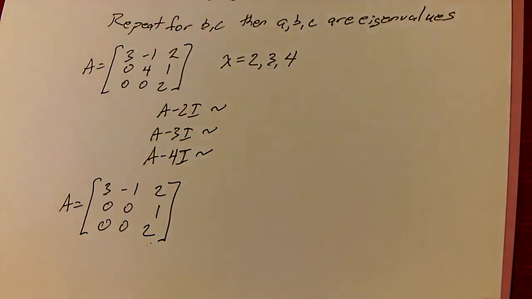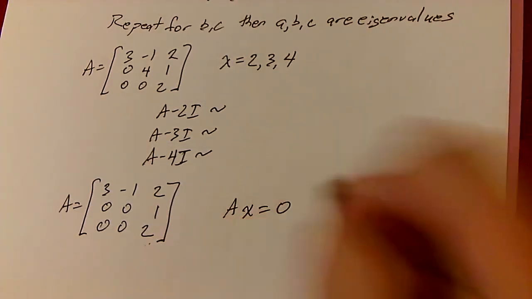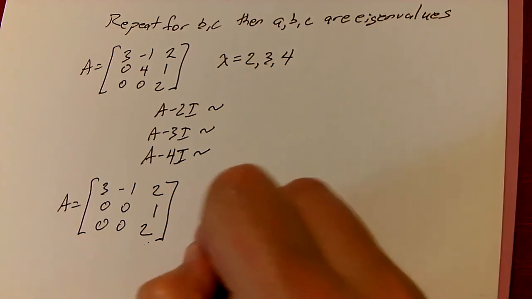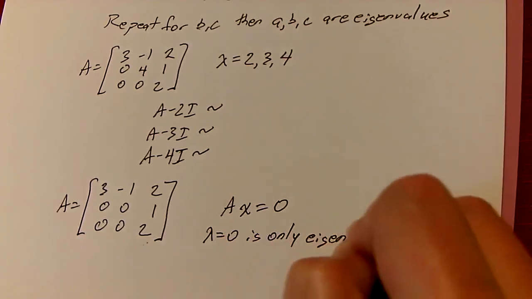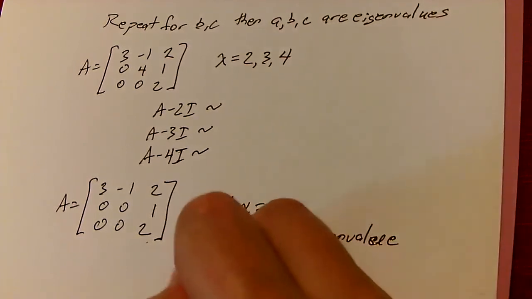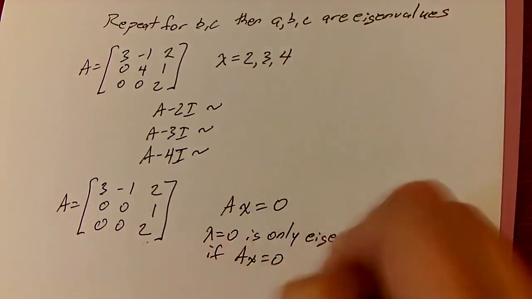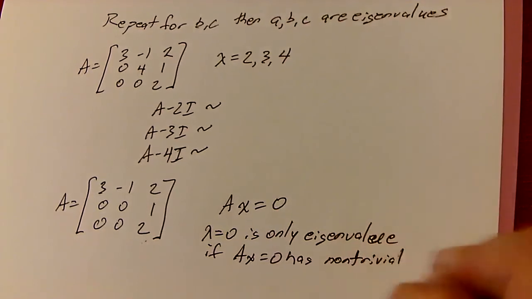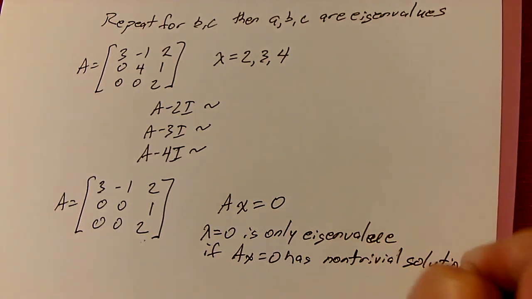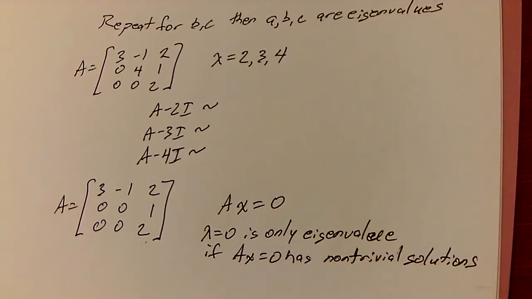So 0 can only be an eigenvalue if you have non-trivial solutions to the original equation AX equals 0. So lambda equals 0 is only an eigenvalue if AX equals 0 has non-trivial solutions. And that fits right in with the definitions we've already given to this point, for all of the things we've talked about up to this point.